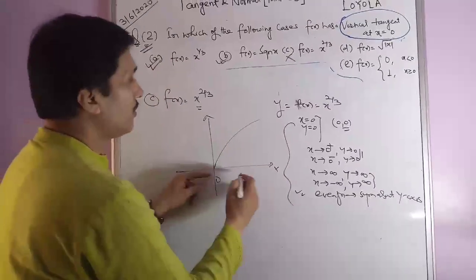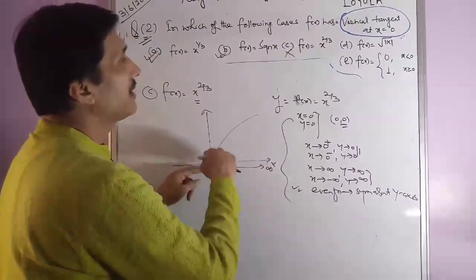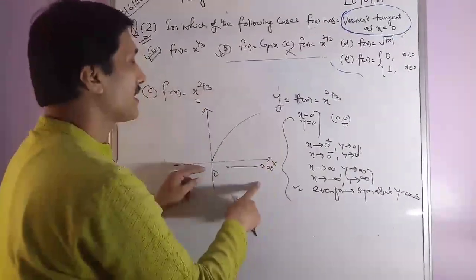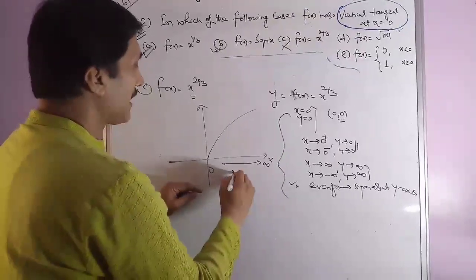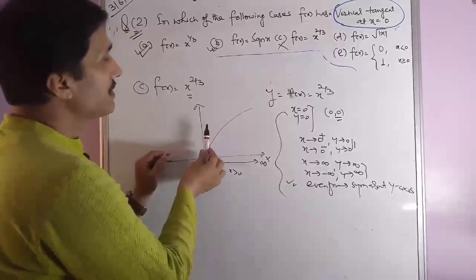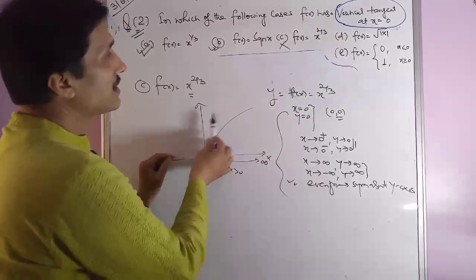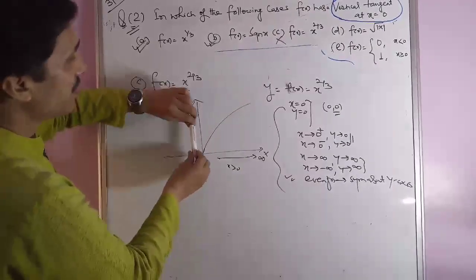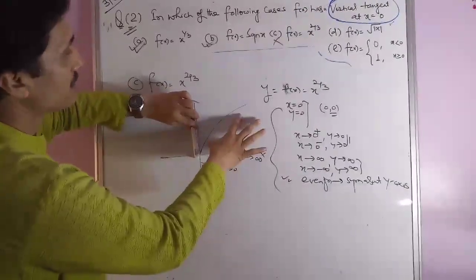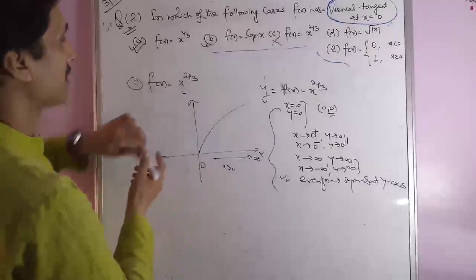When x tends to infinity, f(x) tends to infinity. This is the graph of f(x) for x greater than 0. Since this function is an even function, symmetric about the y axis, the same portion of the curve repeats here.